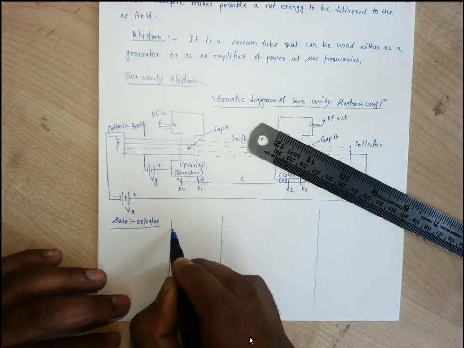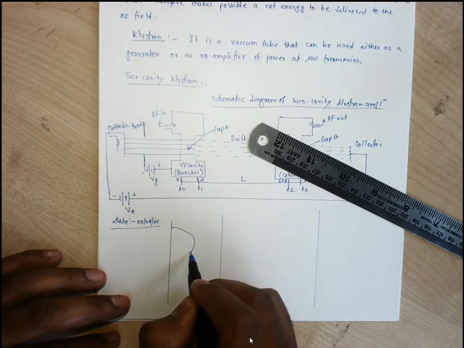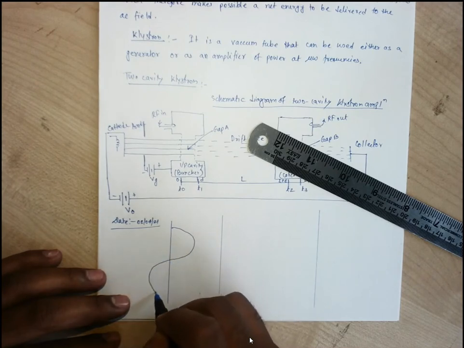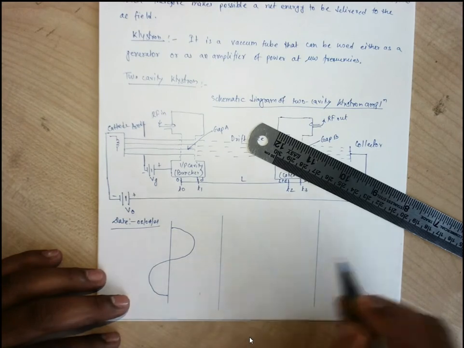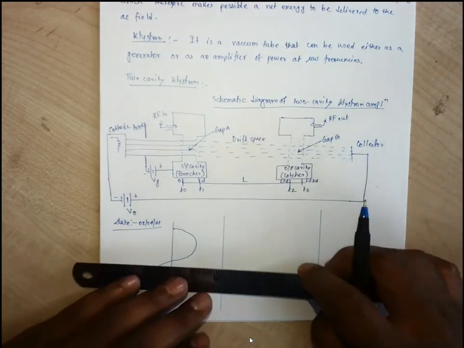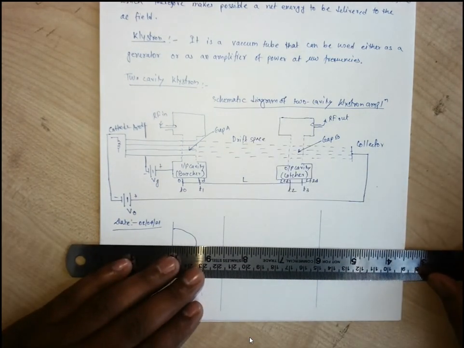So let us consider a single cycle here for our analysis purpose. Let us take a single cycle, and for that cycle let us see how these bunches are formed.